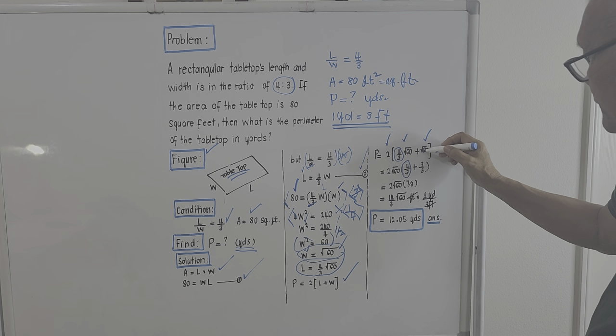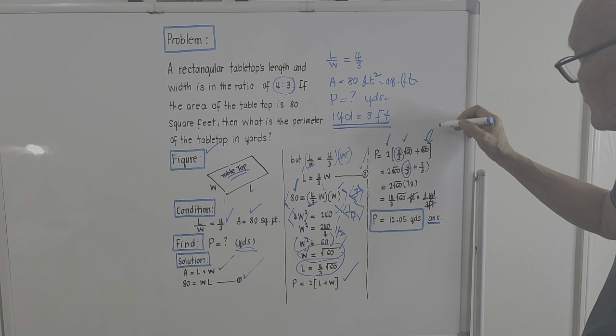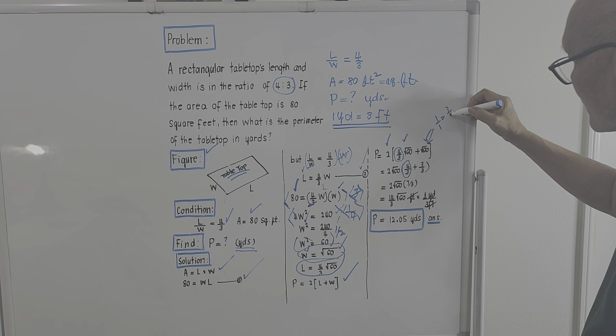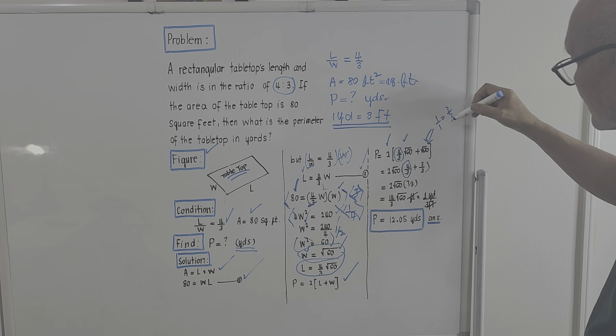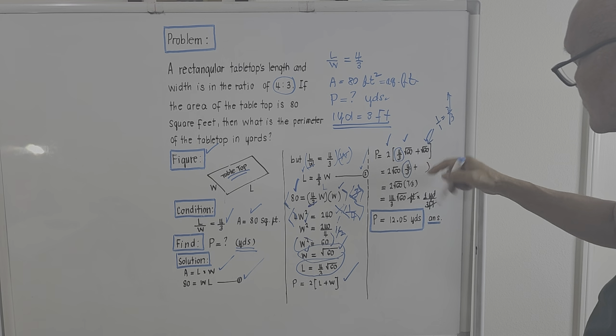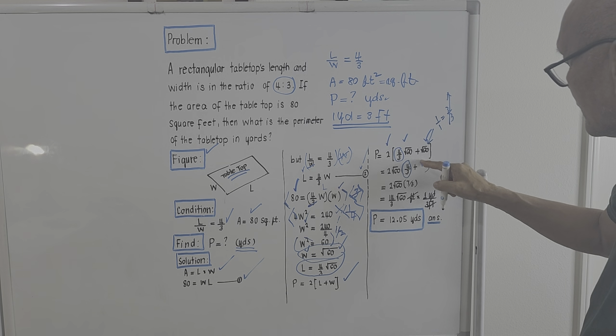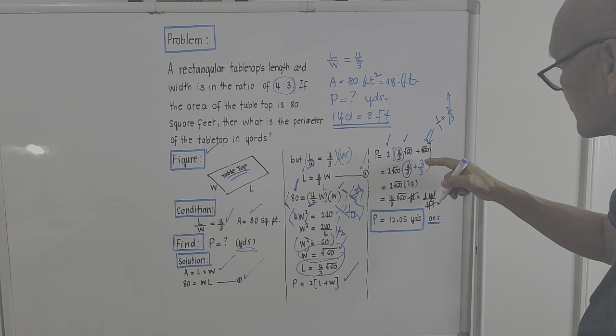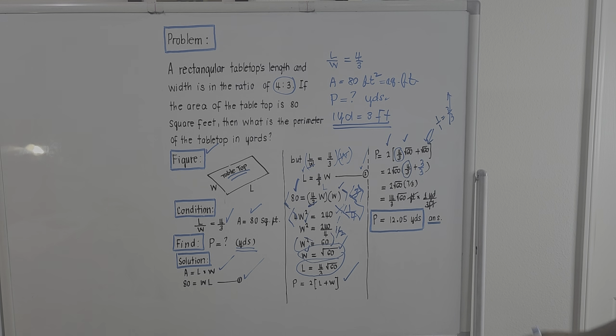The second one, the coefficient of this is actually 1/1, or we can write this as 3/3. Anyway, 3/3 is just 1. So instead of placing this as 1, to add expeditiously, we'll just place 3/3, because 3/3 is 1. So this will be 2 times the square root of 60.